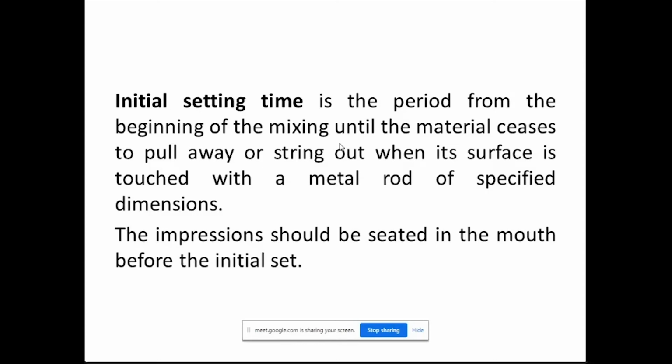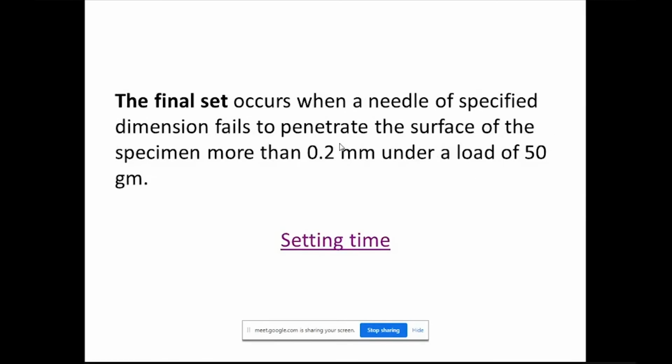The impression should be seated in the mouth before the initial set. If the initial set occurs, this impression cannot be used. The final setting time is when the impression cannot be changed.